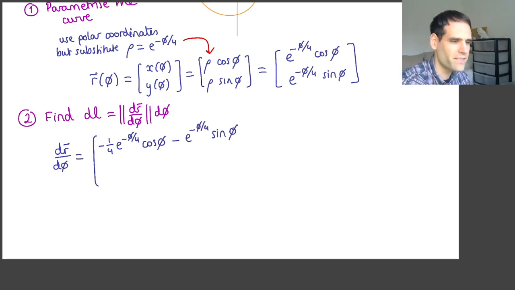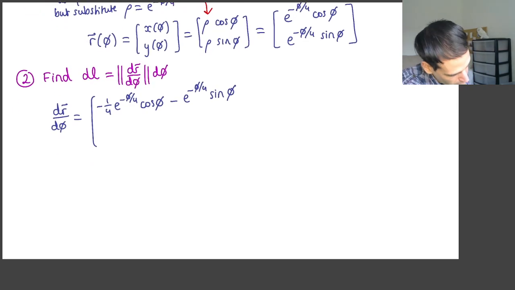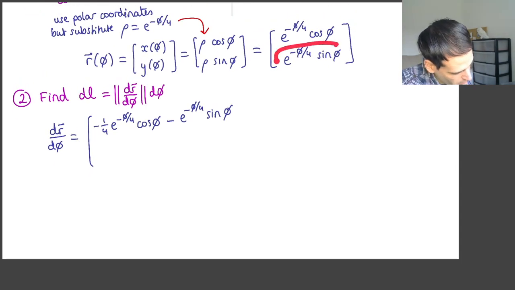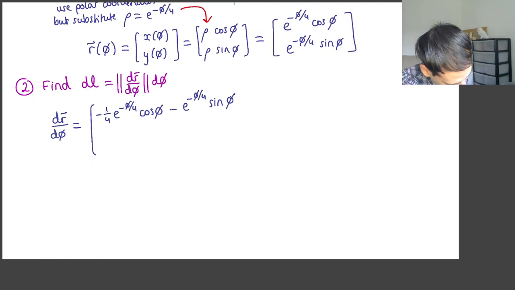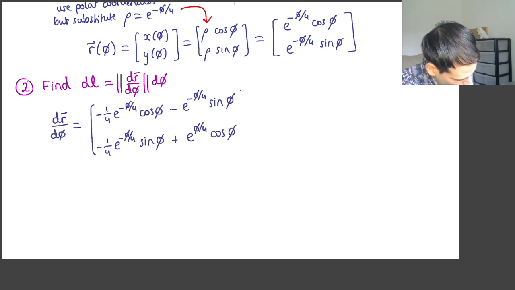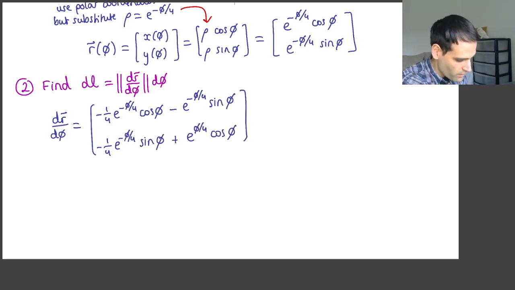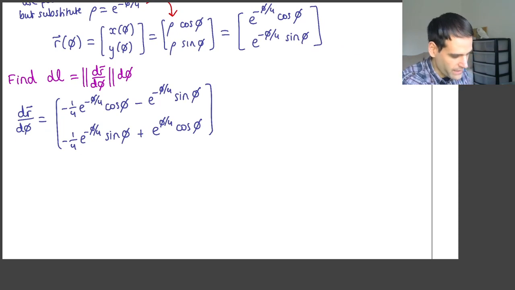Okay, so that's the derivative of the first term. Next, the derivative of the second term. So similarly using the product rule, we find... Okay? We can take the exponential outside. I think it will make things a bit easier later.